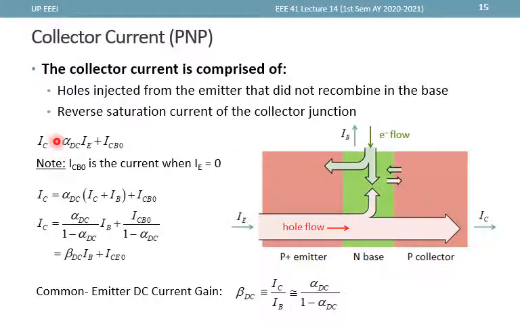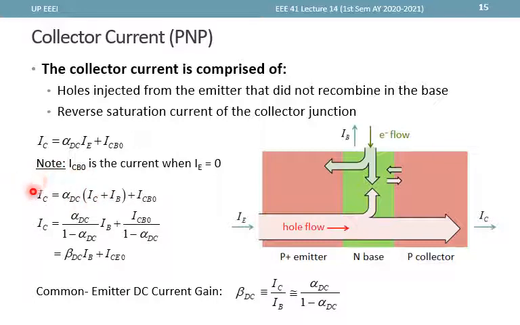Now we can actually transform this equation into this one. So IC equals alpha DC IE, and IE is IC plus IB. So by KCL, IE is IB plus IC, and this is ICB naught. So we can transfer this term here to the other side.